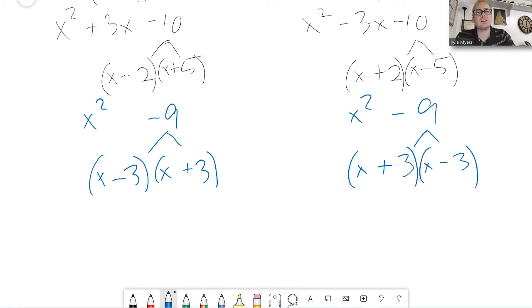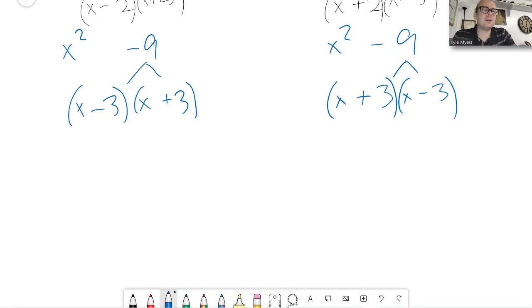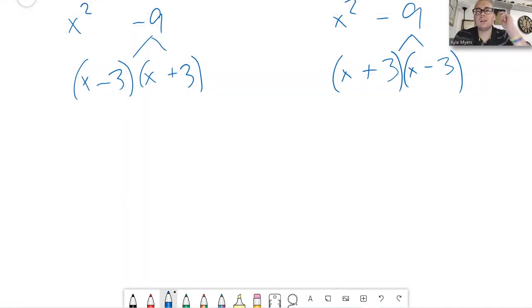Those are conjugates. Conjugate is sort of like a hybrid between the same and the opposite. It's the same exact two terms, just with a different sign in between them. Or you could think of it as almost the opposite, except the x is still positive. Either way.